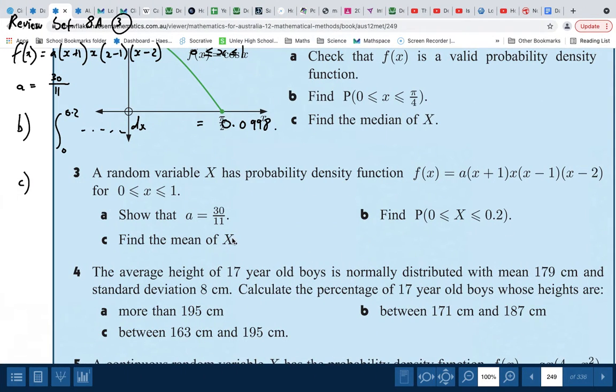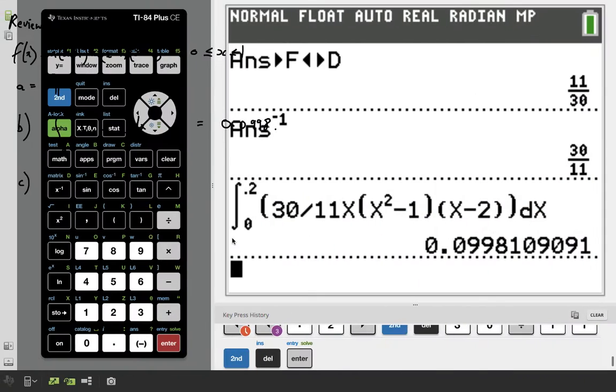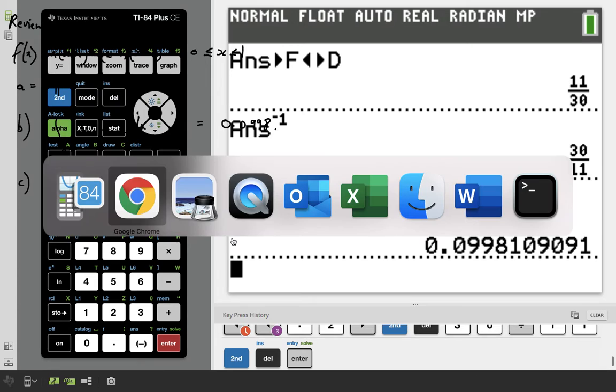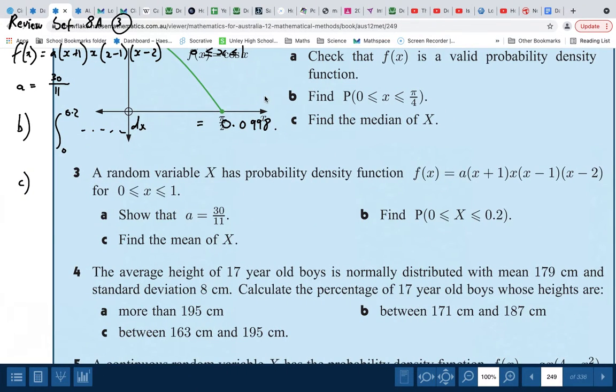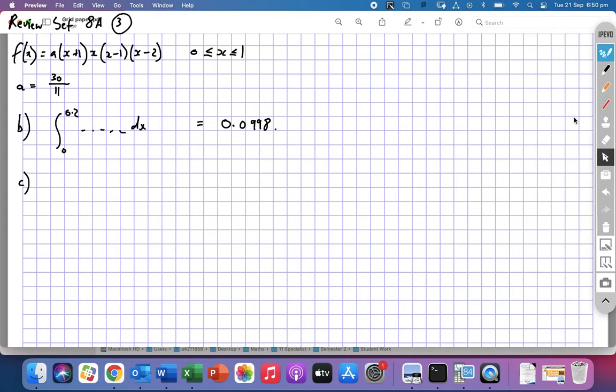Find the mean of x. So if you remember, to get means, the mean comes from the integral of the function times x.